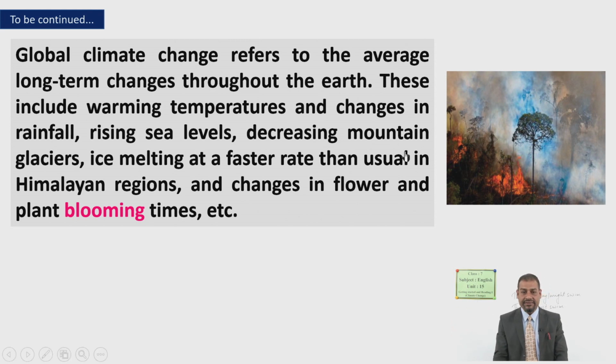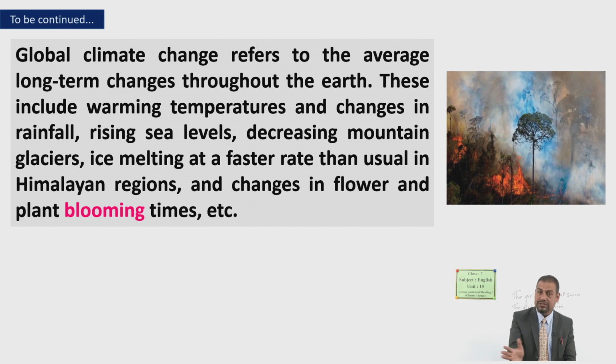Decreasing mountain glaciers. So we don't find many glaciers these days in the mountains because the snow is melting. And then faster rate than usual in Himalayan regions. Because of global warming, climate change, the snow is melting faster and then it flows faster and we don't find more glaciers in the mountains. And then what else?